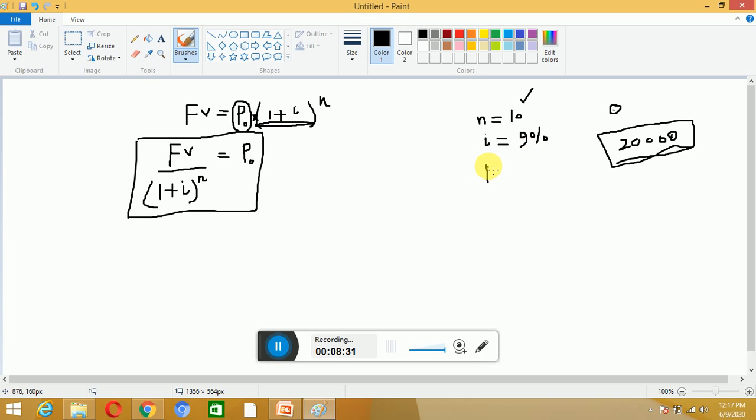Now what is the future value? It means how much money you need in the future. It is $20,000. Now you want to calculate how much money you will deposit today so that it becomes $20,000 after 10 years.